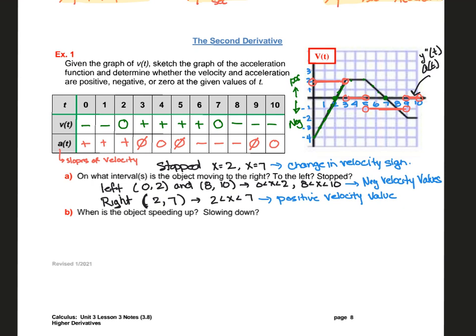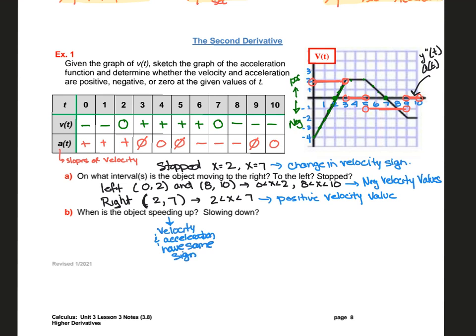The last thing that we're going to talk about here is when is the object speeding up or slowing down. And we simply look at the graph for these values. An object is speeding up when the velocity and acceleration have the same sign.